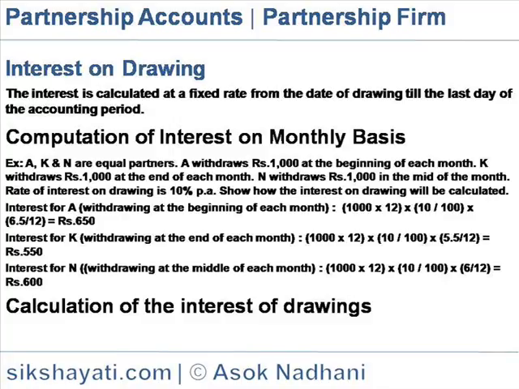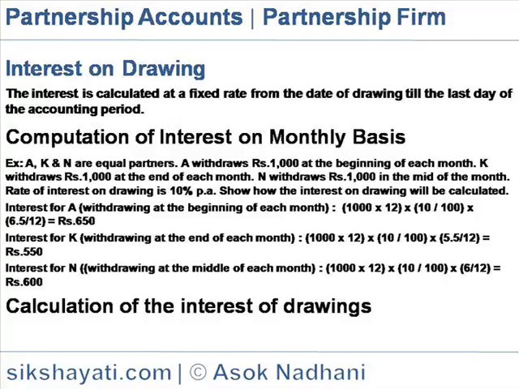In that case, the computation would be as follows, depending on when the amount is withdrawn in the month: at the beginning of the month, in the middle of the month, or at the end of the month. If a partner draws a fixed amount at the beginning of each month, interest on total drawing will be calculated on the whole amount for 6.5 months.